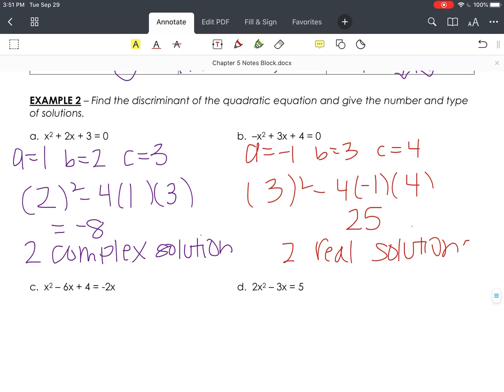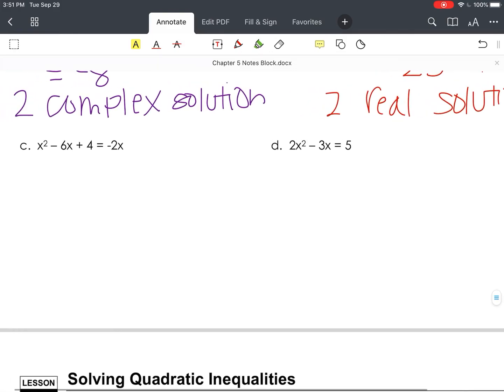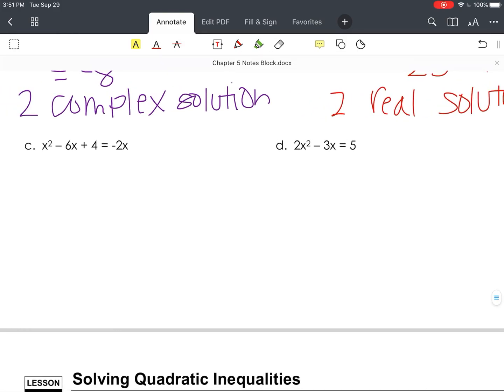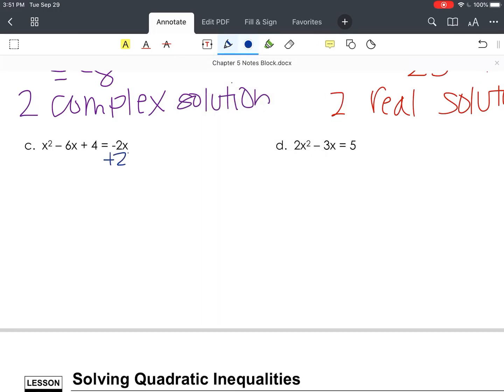Let's try one more. So let's try letter C. Hopefully letter C, you recognize that I have an issue. This is not set equal to 0. So just like with the quadratic formula or any other, we have to add 2x to both sides to get it set equal to 0. Once we do that, we're going to get x squared minus 4x plus 4 equals 0.